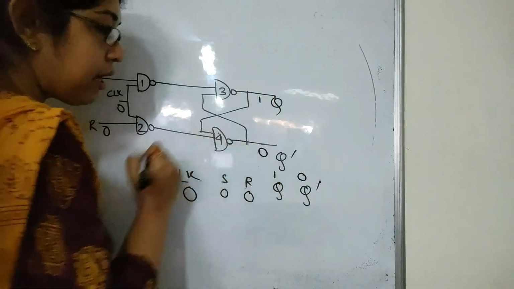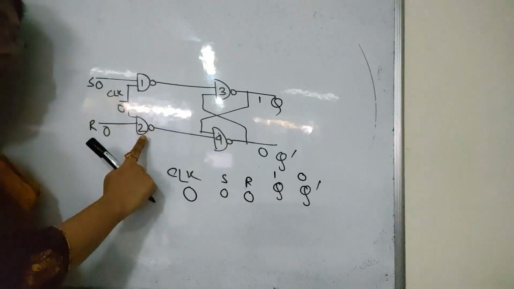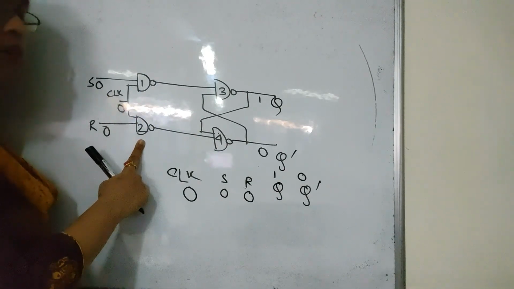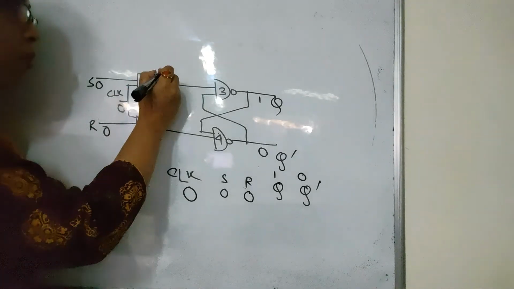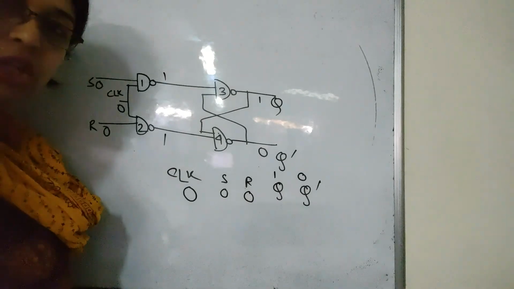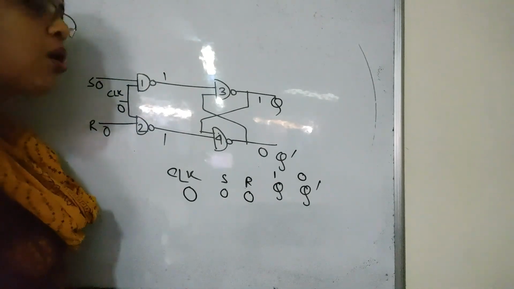Let us assume that. So NAND gate number 1 and NAND gate number 2 both are going to give us 1, 1 as output according to the truth table of NAND gate.